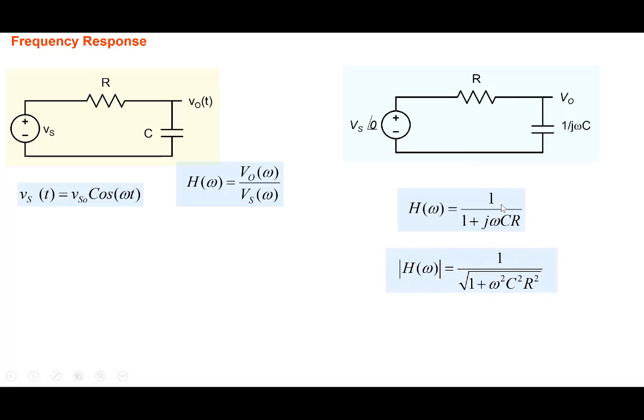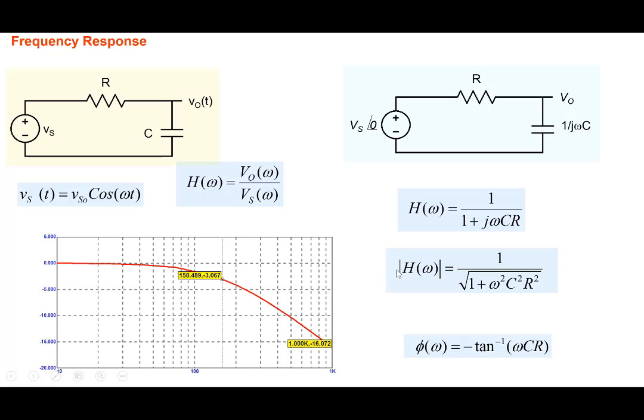So the absolute value of the output doesn't really matter; it's the ratio of output and input which characterizes the circuit. Once you obtain the transfer function, there are two things we look at: one is the magnitude of the transfer function, the other is the phase. For the magnitude, we take 20 log of it and plot it on a dB scale.